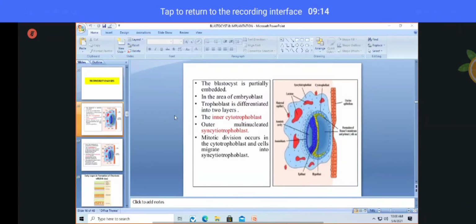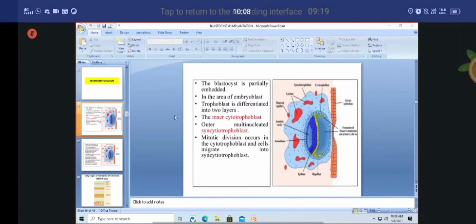syncytiotrophoblastic layer. So in the outer syncytiotrophoblast, small spaces will appear.